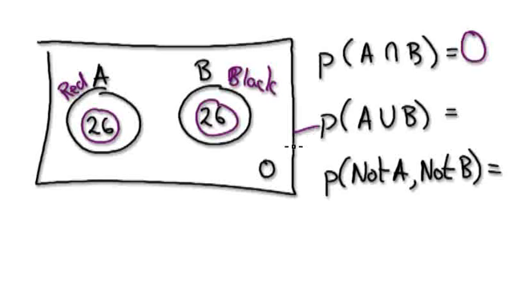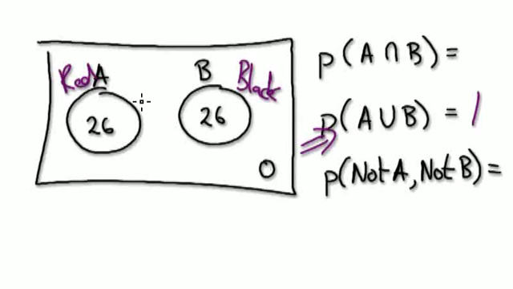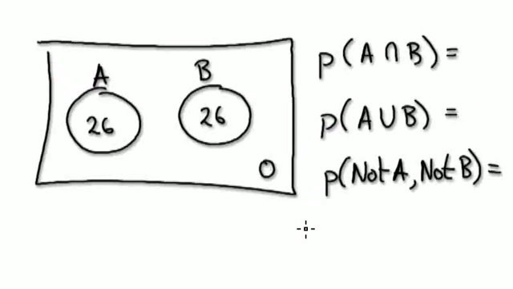Here it's me asking you, if I pick out one card, what is the probability of that card being red or black? Well, that's going to be 1, because if you pick out a card, it's got to be red or black. Okay, and then this last question is like me asking you, pick out one card.